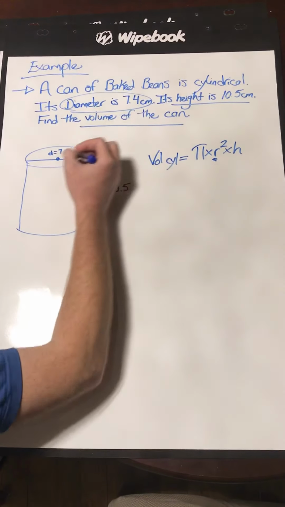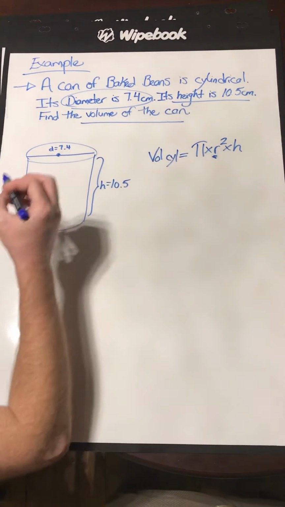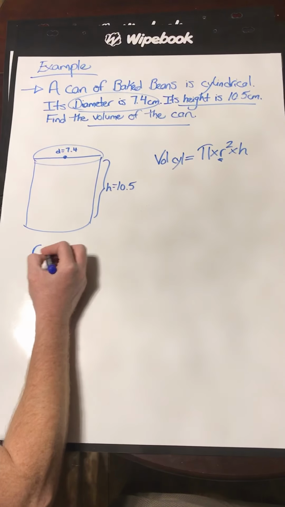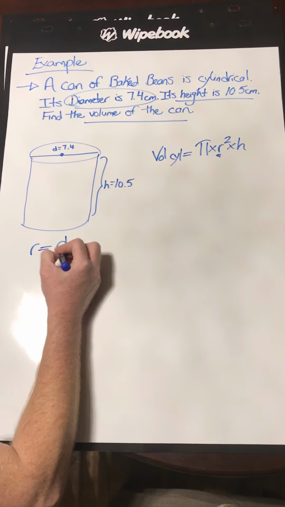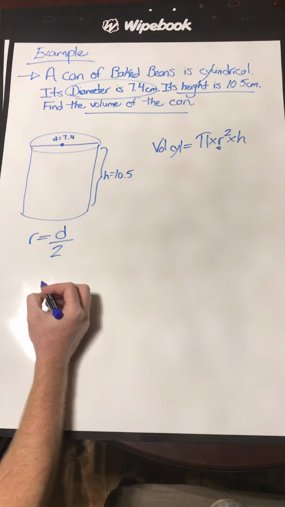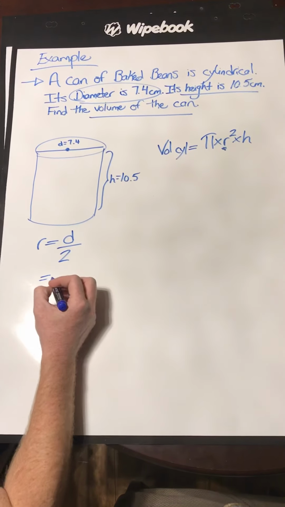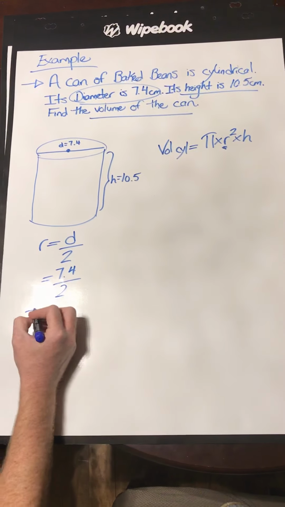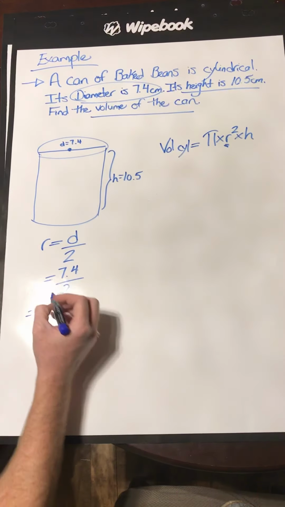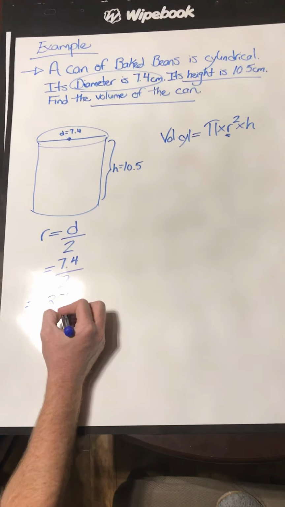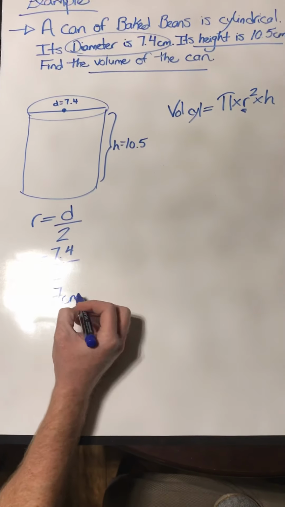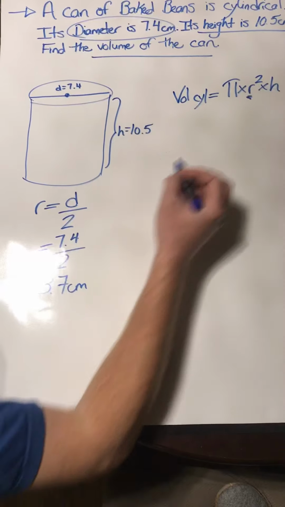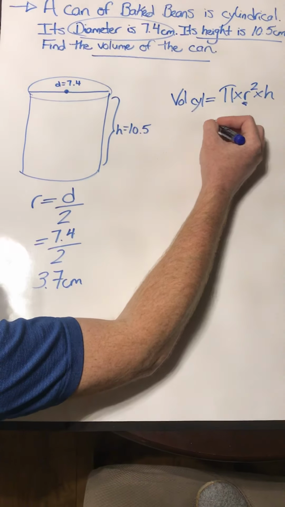I don't have R on my diagram, but I can find it because I know that R, or radius, is half of the diameter. So R is equal to diameter divided by 2, which is 7.4 divided by 2, which is 3.7 centimeters.